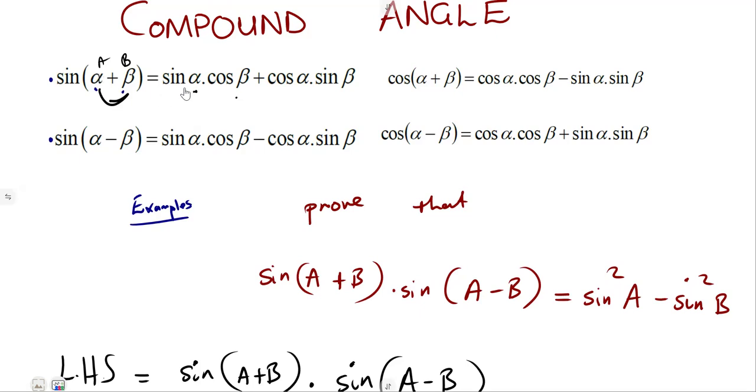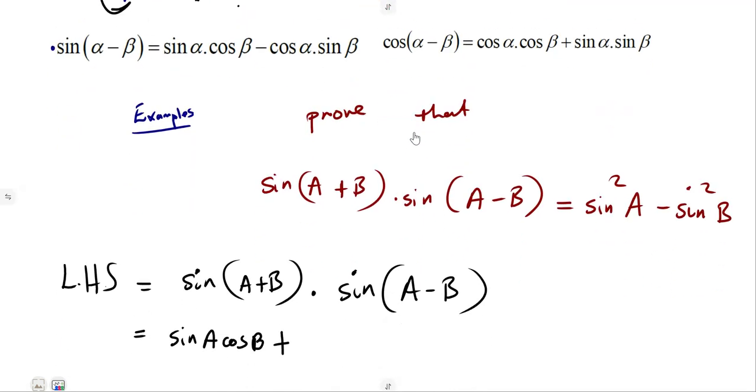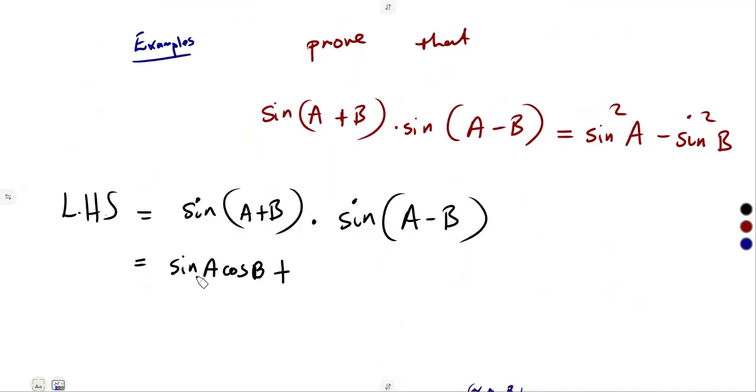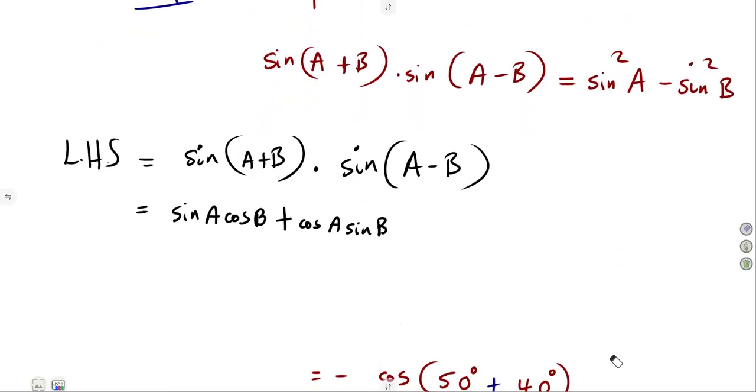It was sine alpha, now cos alpha. It was sine A, now cos of A. It was cos B, now sine of B. So we have expanded the first part using its equivalent identity.